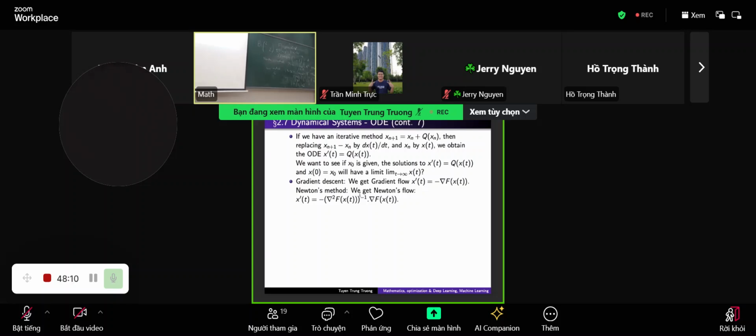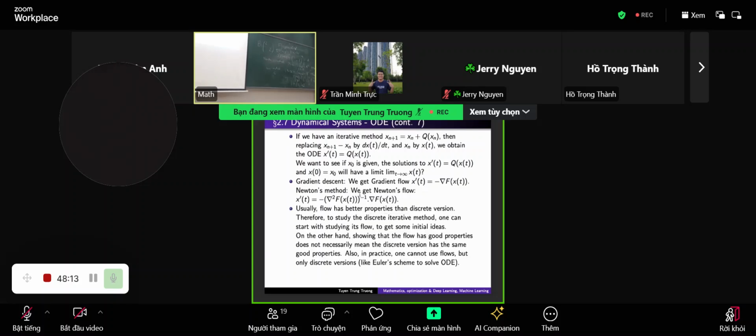One thing to notice is that usually the flow behaves better than the discrete version. For example, the flow version of gradient descent we call the gradient flow.